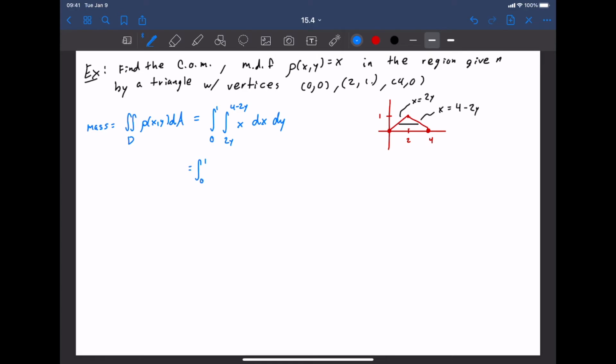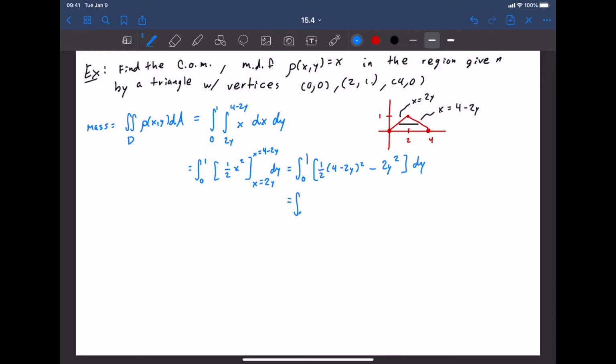Now, our first step, integrate the x. Go from x equals 2y to x equals 4 minus 2y. Still with respect to y at the end. 1/2 times 4 minus 2y quantity squared minus 2y squared dy.